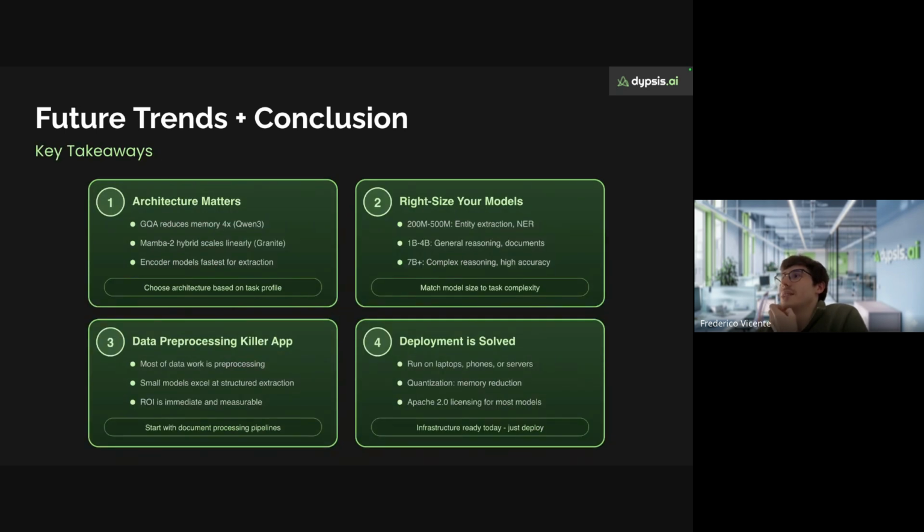And to conclude, the key takeaway is to choose the right model size for the task, and find specific models that are quite small but have already been trained for your tasks. For example, if you go to Hugging Face with a specific task, see what models are already available.